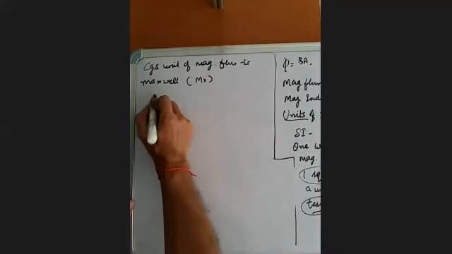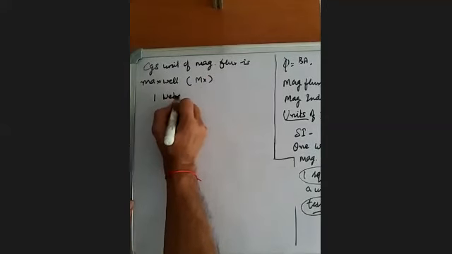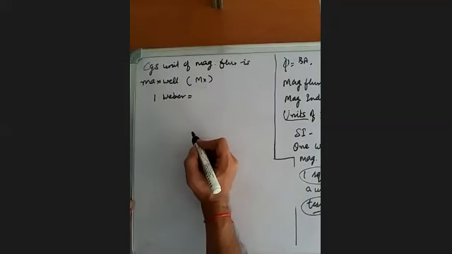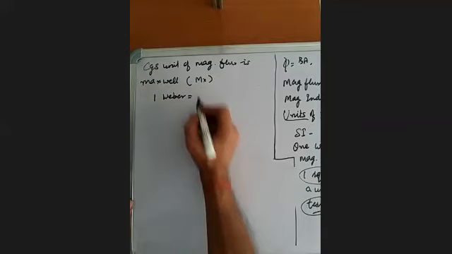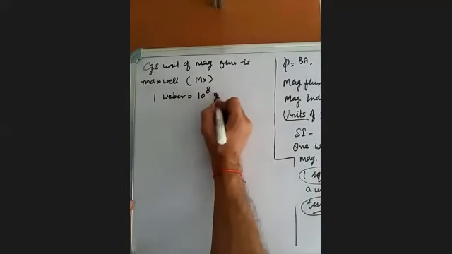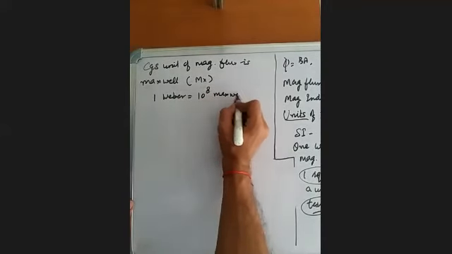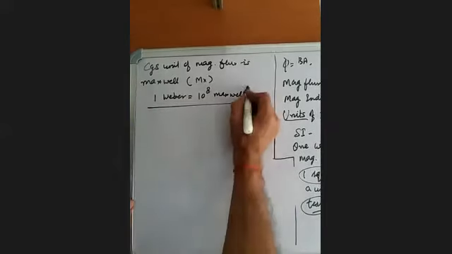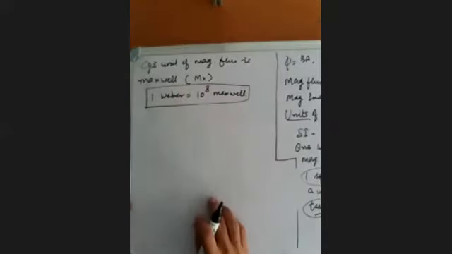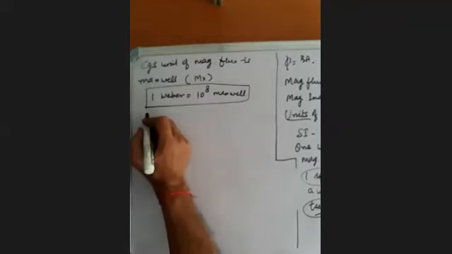Now what is the 1 Weber and Maxwell relation? 1 Weber is equal to 10 to the power 8 Maxwell. So that is how we can convert SI unit to CGS unit.